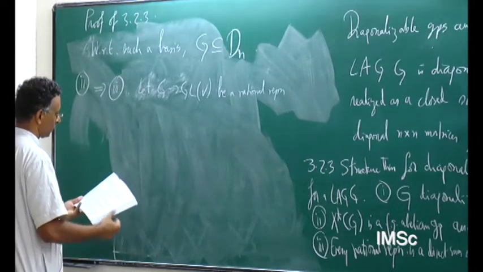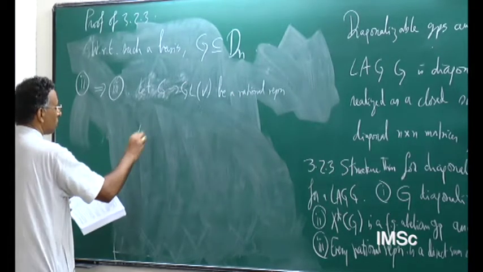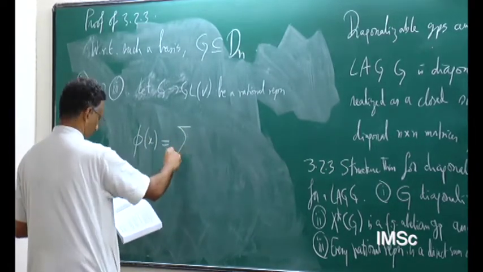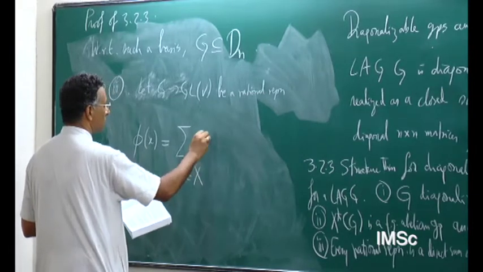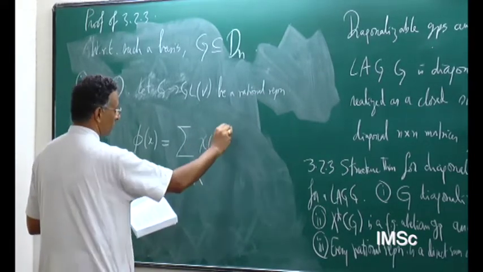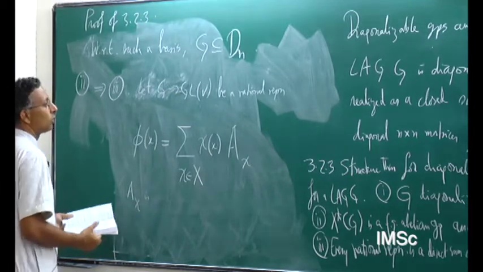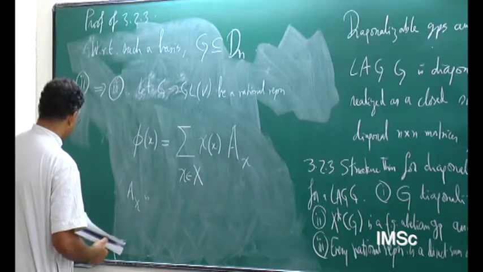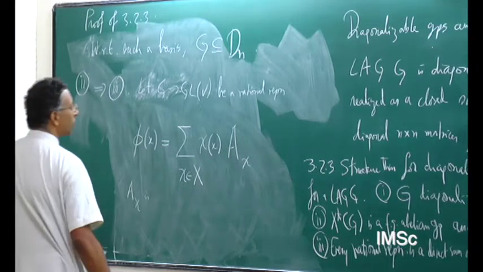So he is going to define phi of x. Maybe the way to think about it is, I find it easiest to think of this as a matrix.